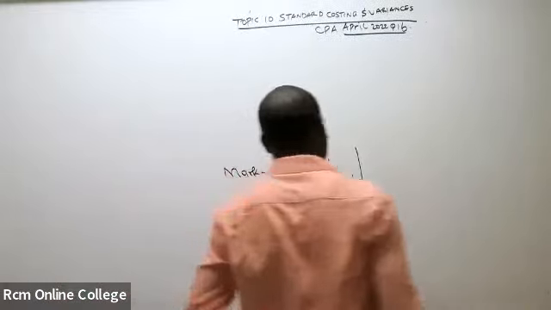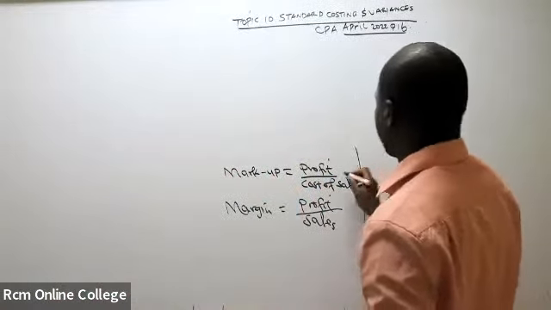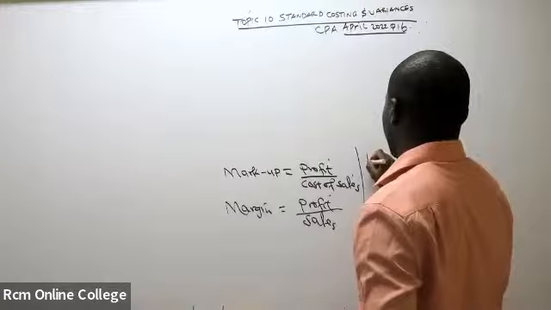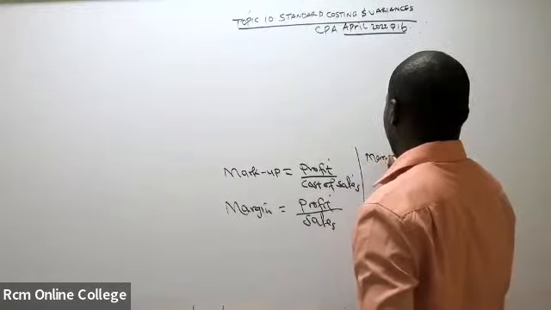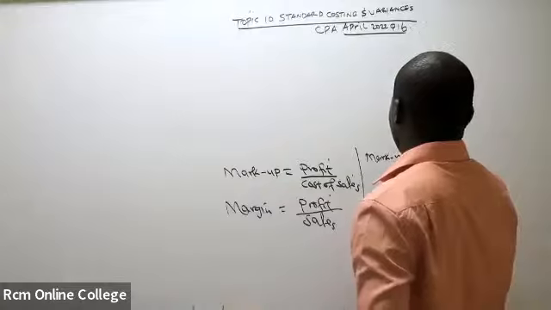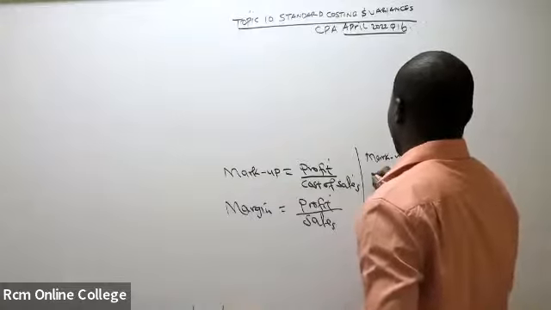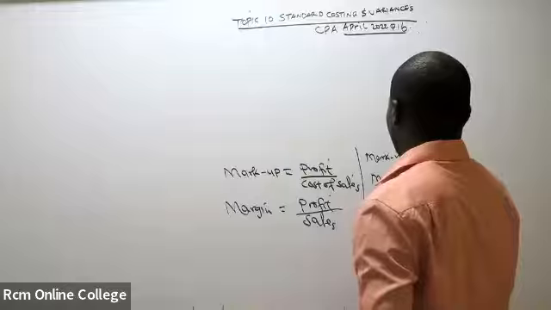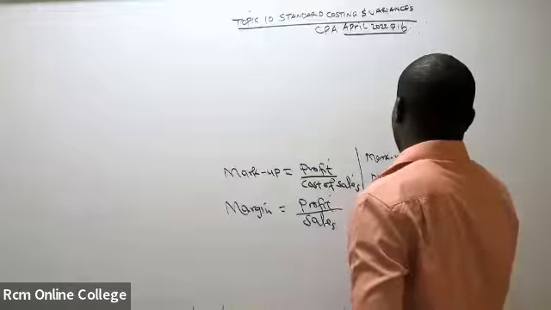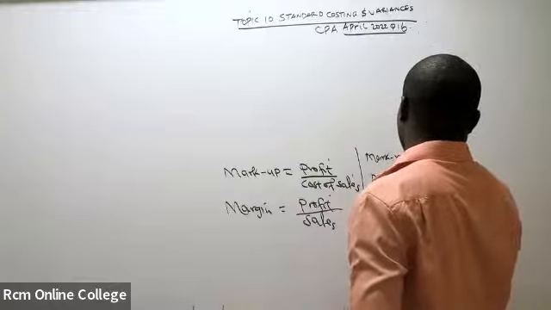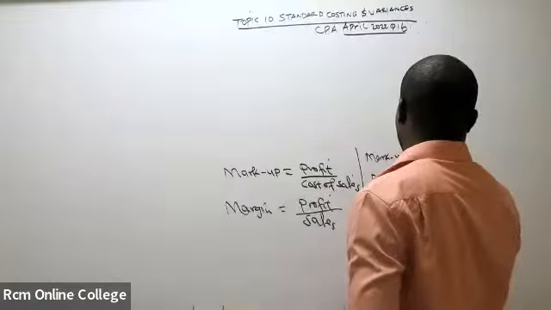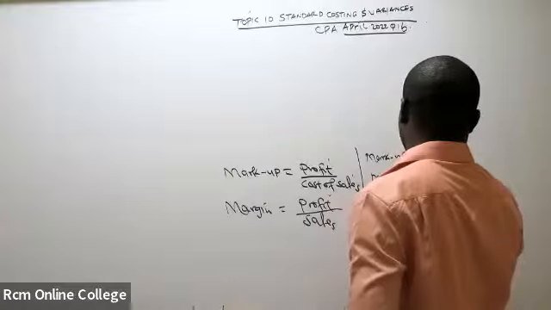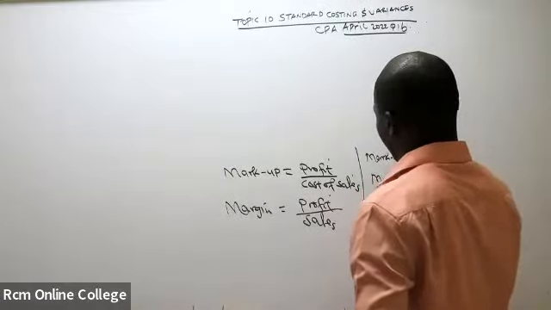If in a question they have started with markup, that is to say markup is equal to A over B, then your margin must have a bigger denominator. So it will be A over A plus B, or B plus A, if you are given markup.